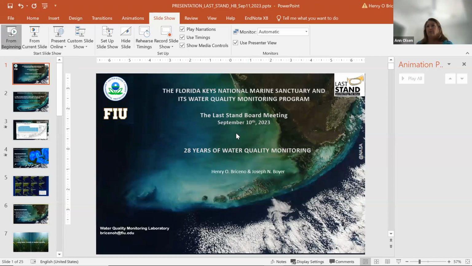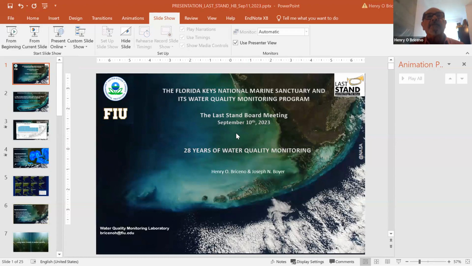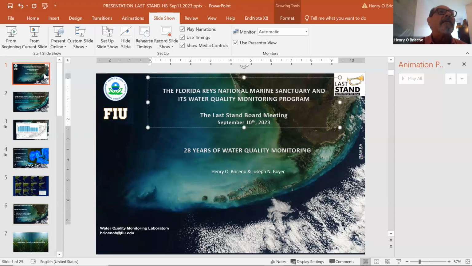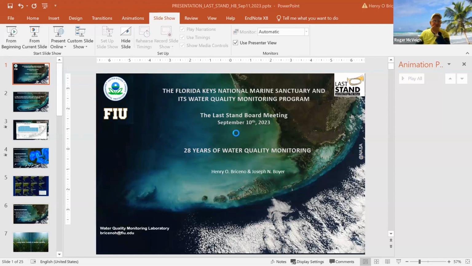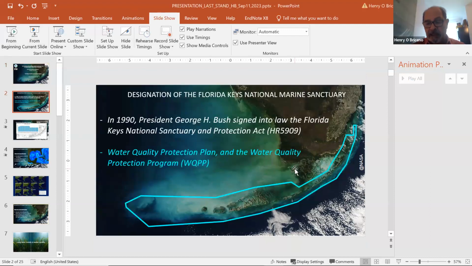There you go. Let's see if it works. It moved now, no, to the second one. Can you try double clicking on it? I'm trying to. I did what I was supposed to do. Click on from beginning. Can you see a change now or not? No, it's not taking your input. I'm sorry, I don't know what's going on, but can you see the second slide? There we go.